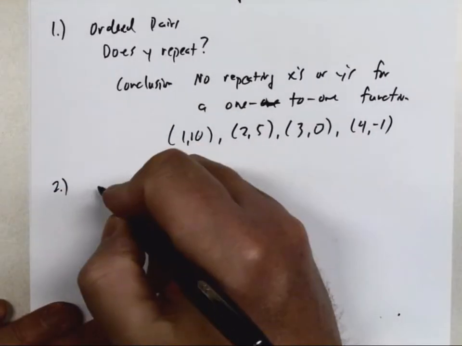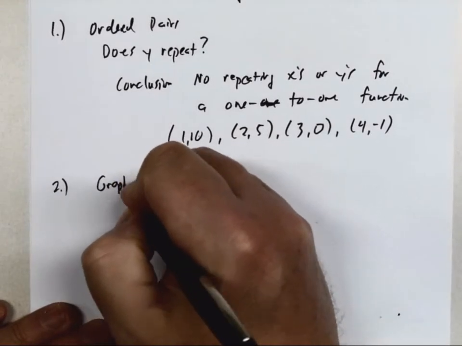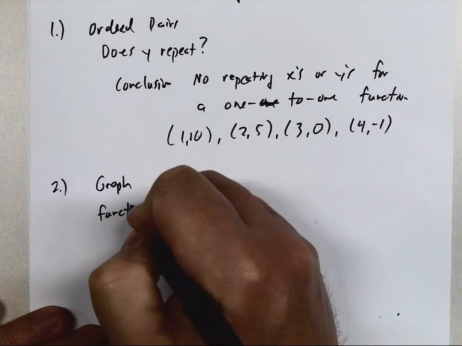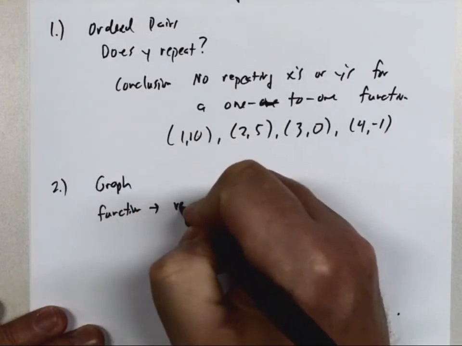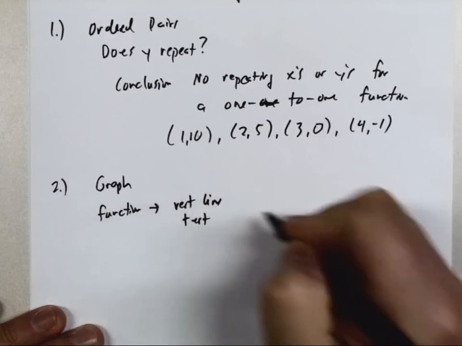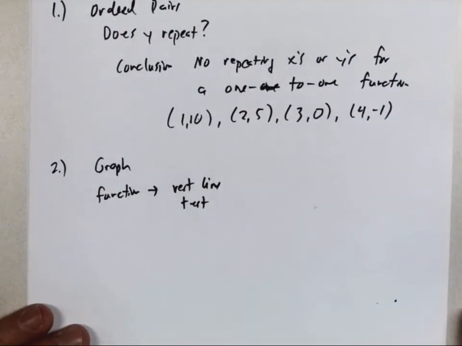How about a graph? Remember, for a function we did the vertical line test. We would take our graph and look at vertical lines, and if we ever could find a vertical line that crossed the graph twice, it would not be a function.